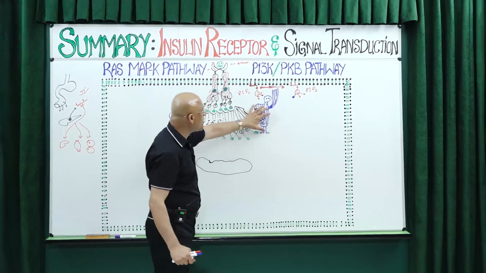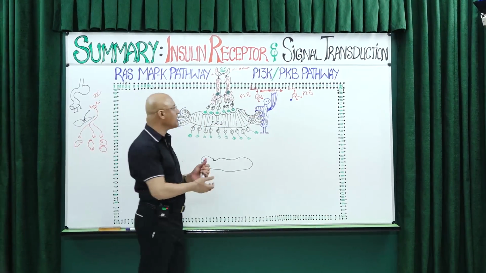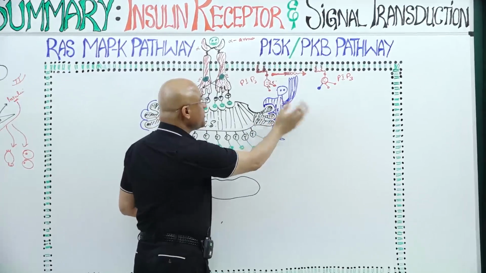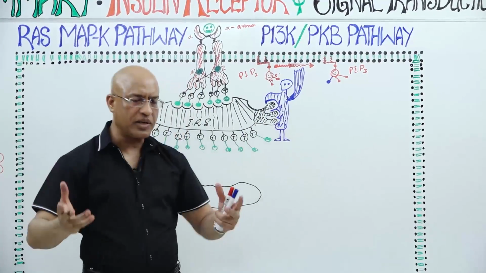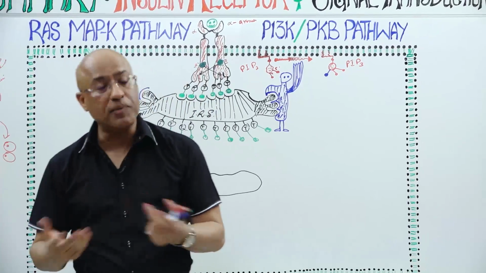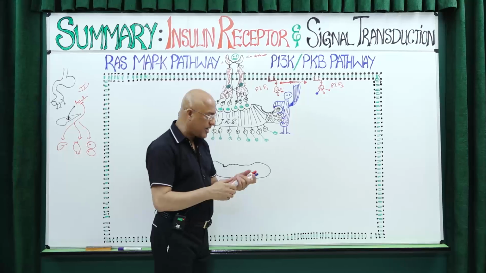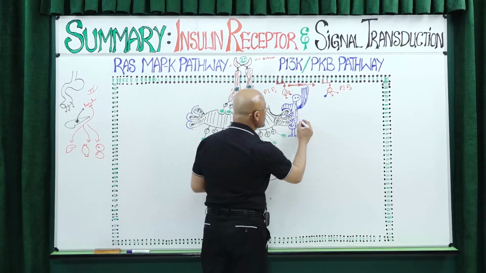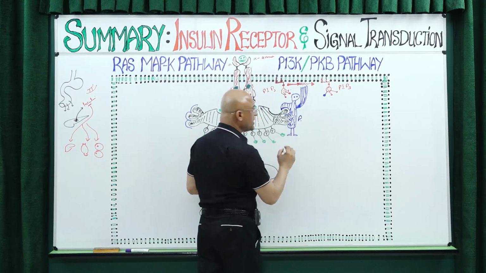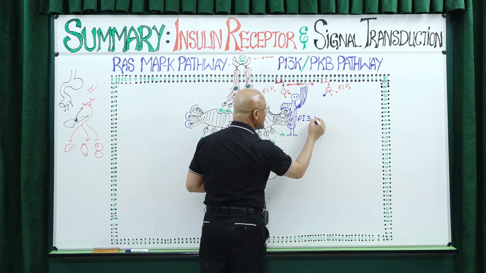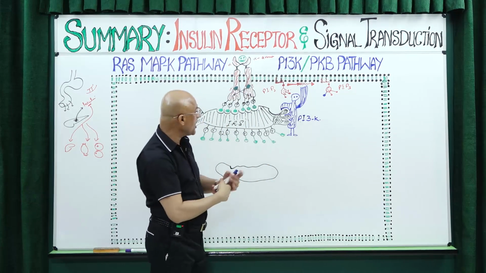So what should be the name of this enzyme? Generally, this is an enzyme doing kinase activity on a lipid, so generally speaking, we can just say that this is a lipid kinase. But to be more specific, this enzyme is phosphatidyl inositol 3 kinase. Why is it given this name?